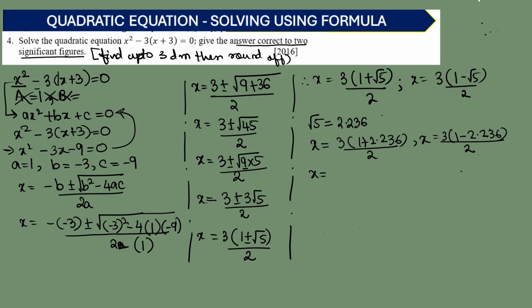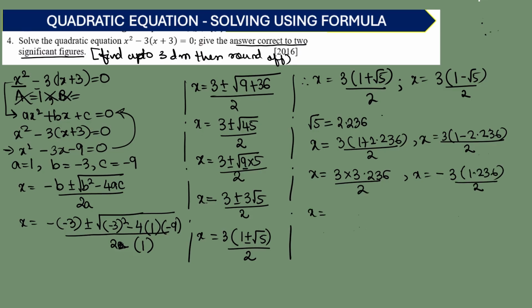So what is x? x is equal to 3 into 3.236 upon 2, or x is equal to minus, this is going to be minus 1.236. So 3 into, so can I simply write minus 3 into 1.236 upon 2?